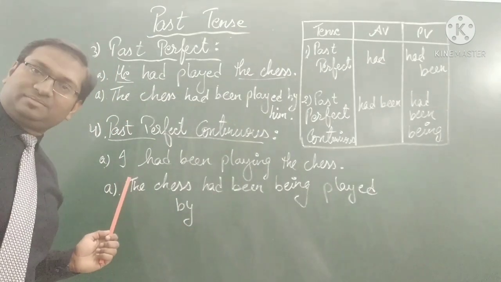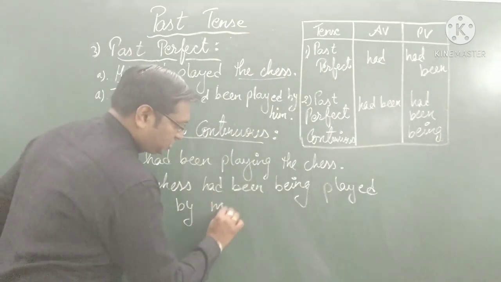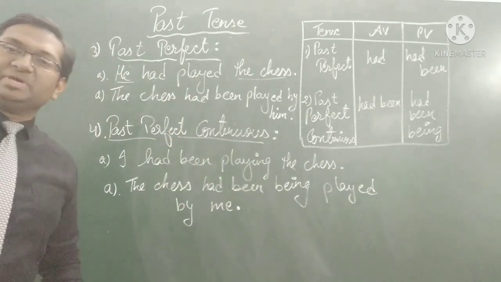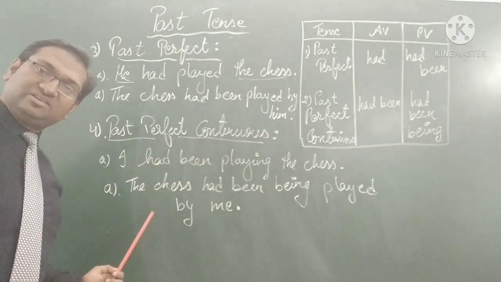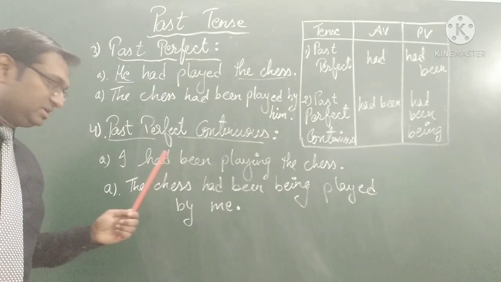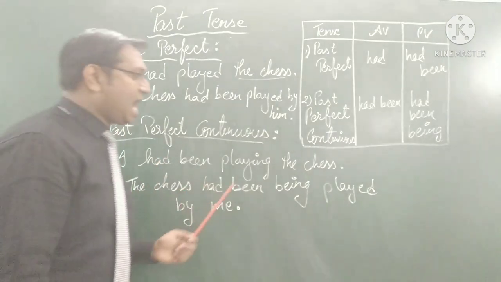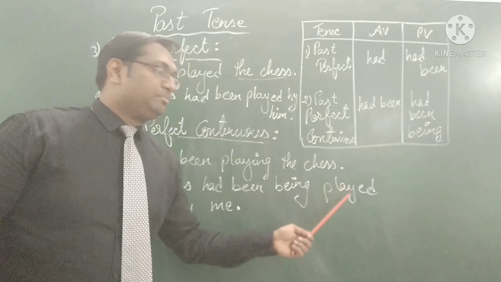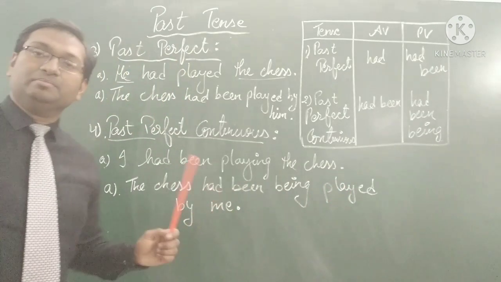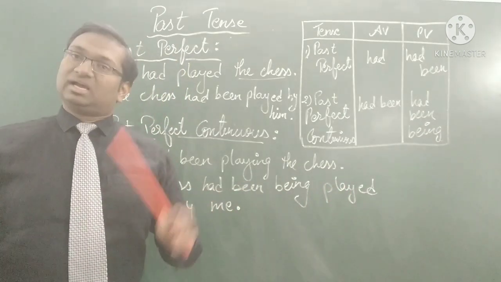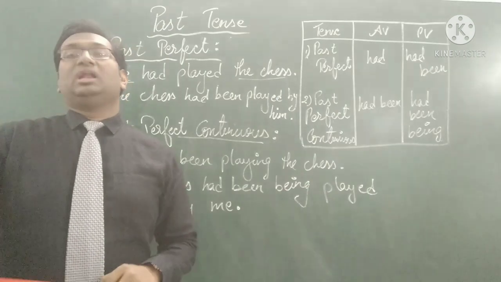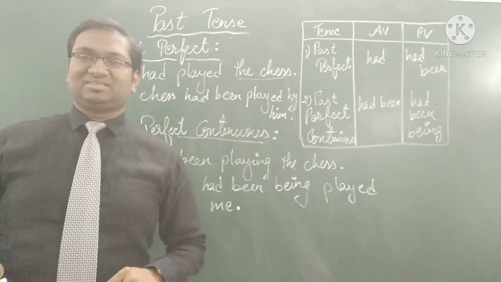It is I, so I will change into me. So the passive of past perfect continuous is: the chess had been being played by me. Clear, children? Now let's move on to the future tense.